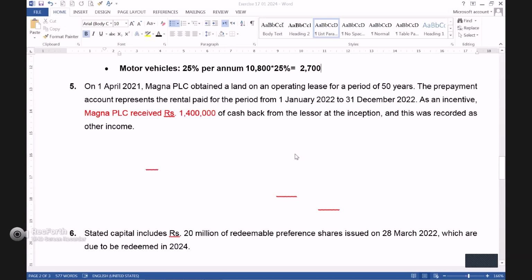So how to calculate this? The thing is, it is an operating lease for 50 years, and the prepayment account represents the rental paid. So it is a prepaid account, no?